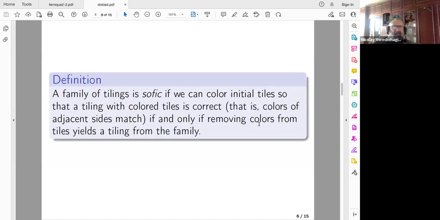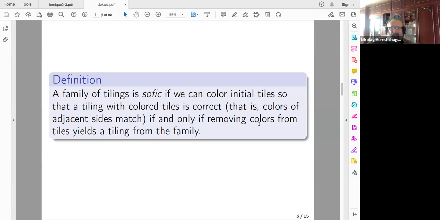And now I will define the second main notion needed in my talk. Recall that the initial goal was to define, by local rules, that means just by coloring sides of the tiles, families of tilings which consist of only non-periodic tilings.